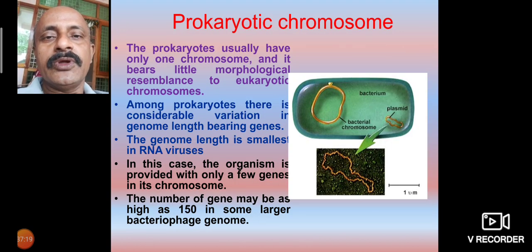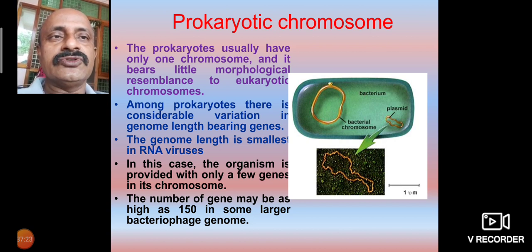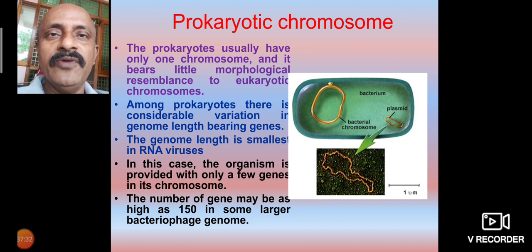Now let us look at prokaryotic cell chromosomes. Prokaryotes usually have only one chromosome. It bears little morphological resemblance to the eukaryotic chromosome. The single chromosome is present in the nucleoid, not a nucleus.